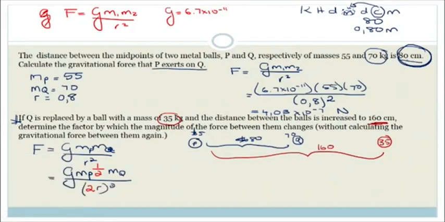all squared? And that's another place, grade 11s, where my students make serious errors. That is where they don't think to square the ratio of the r as well. People will write G, MP, half MQ, and then they go 2r squared.